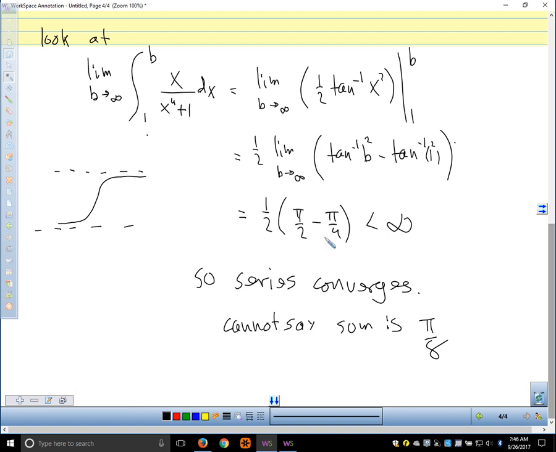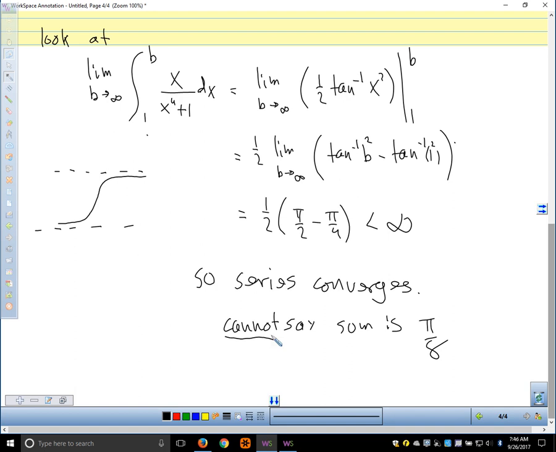In fact, they're usually not the same. In fact, they're almost never the same, but sometimes they might be. It would be nice if the value of the integral was the sum of the series, but that's not the way it works out. Because all the integral does is put a bound on the sum. It doesn't give you a value of the sum.